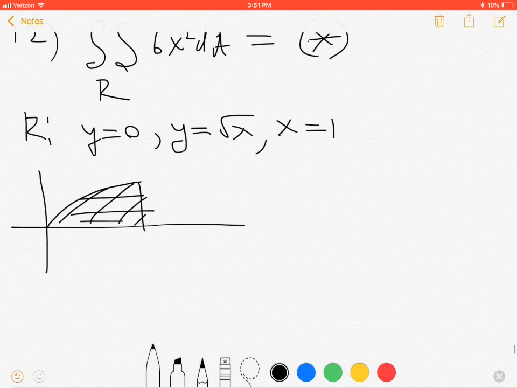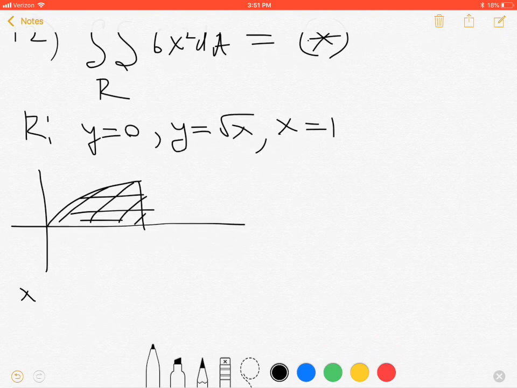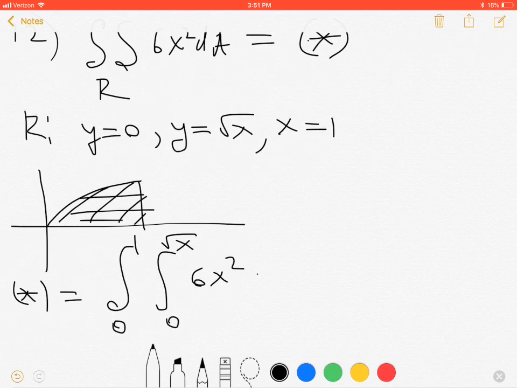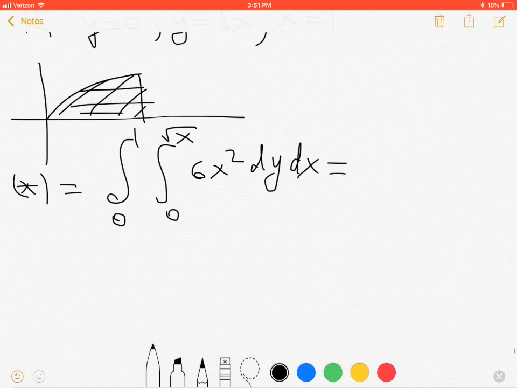Let's call it star. Star equals the integral with y changing from 0 to our curve, 0 to square root of x, and x changing from 0 to 1. The function inside is not changing, 6x squared, and then dy dx.